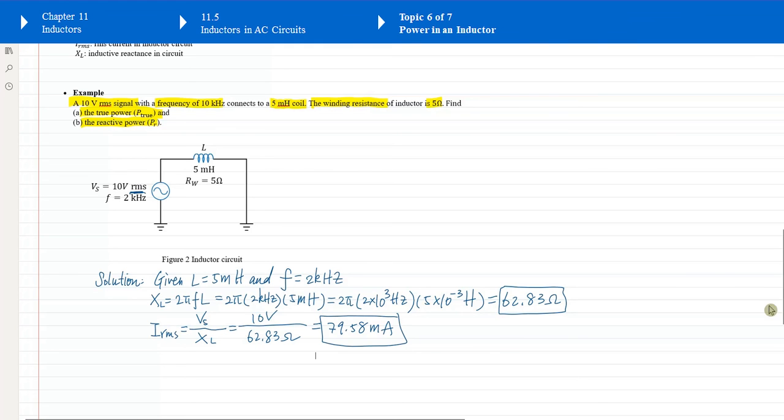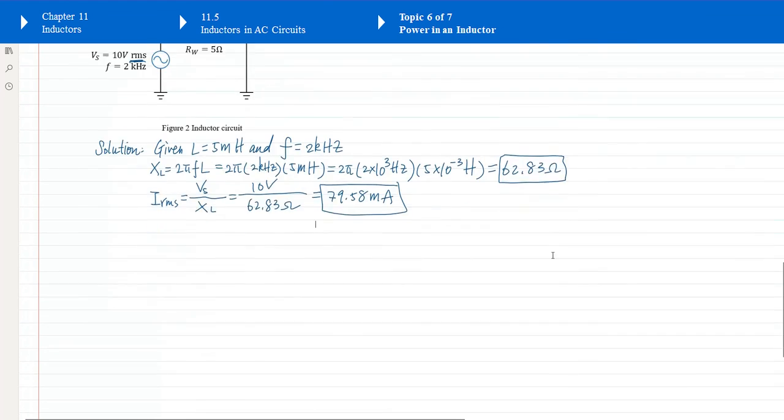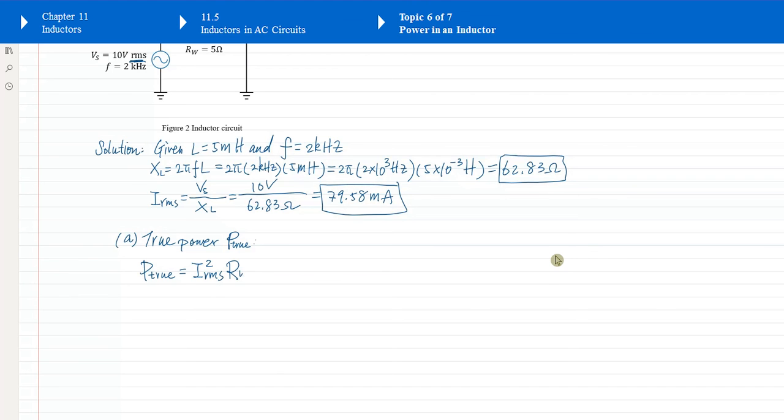Now we are ready to find the true power. So A, the true power, P true, equals the root mean square current, I RMS squared, times Rw, the winding resistance.